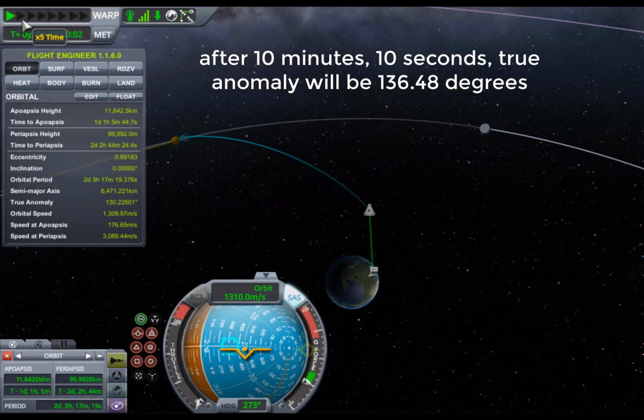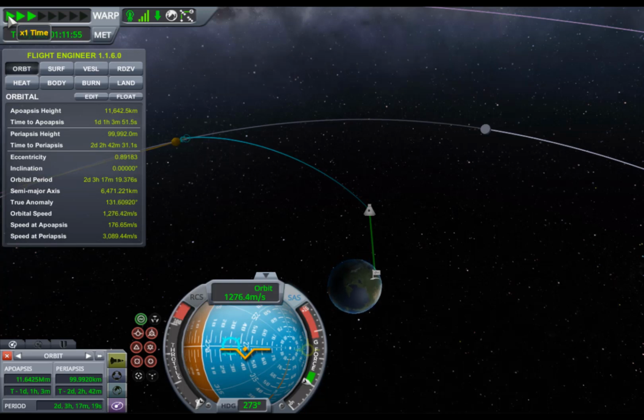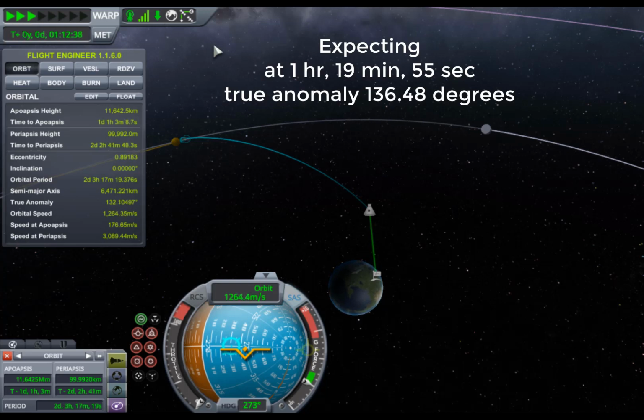So now we're just waiting another 10 minutes, 10 seconds on this interval, and based on Kepler's second law, the true anomaly will then be 136.48 degrees. Therefore, we are expecting at 1 hour 19 minutes 55 seconds to see a true anomaly of 136.48 degrees.